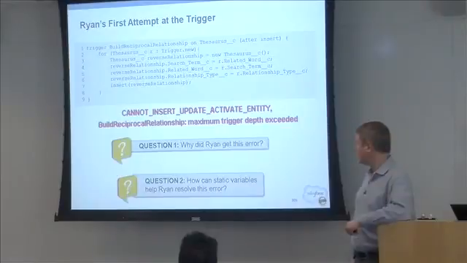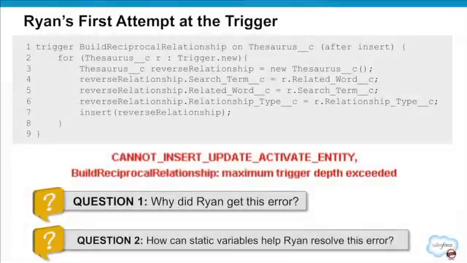What's going to happen here is a maximum trigger depth exceeded error, which is recursive calling of triggers. I think 15 or 10 is the number of times after which it will be stopped.